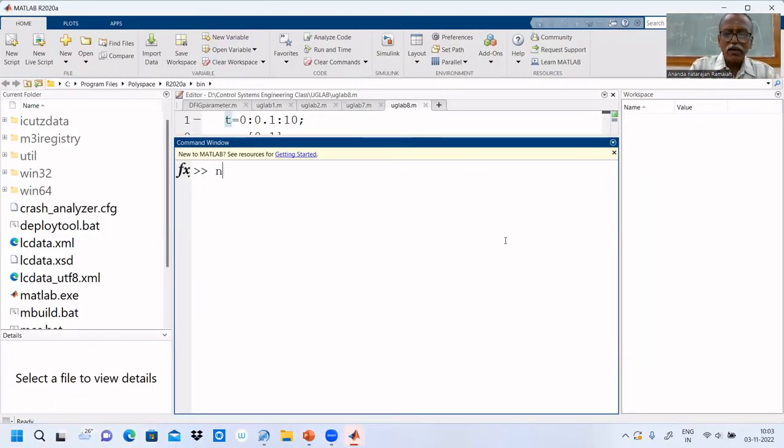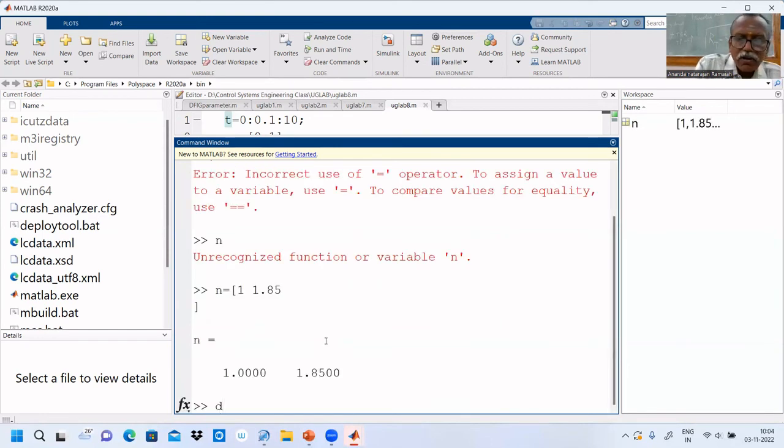So what is the numerator polynomial? Numerator polynomial is 1.85. What is the denominator polynomial? S cube coefficient is 1, then S square coefficient 4.95, then S coefficient 3.95.